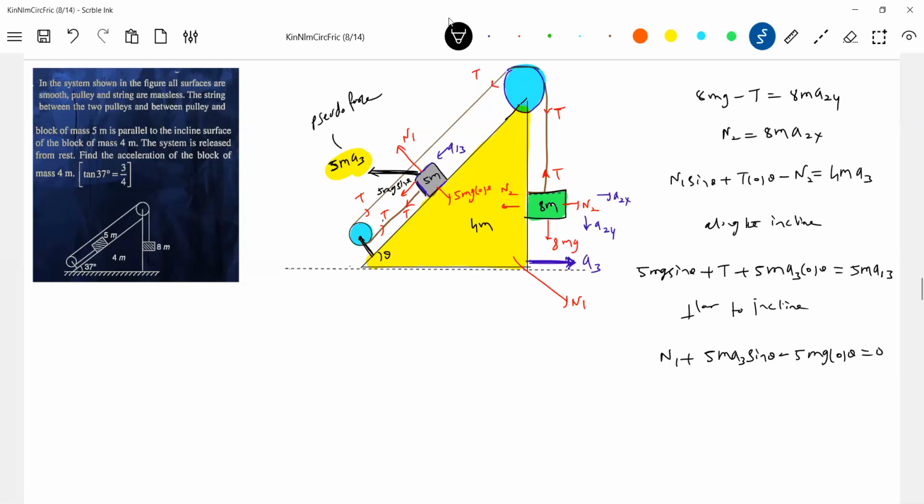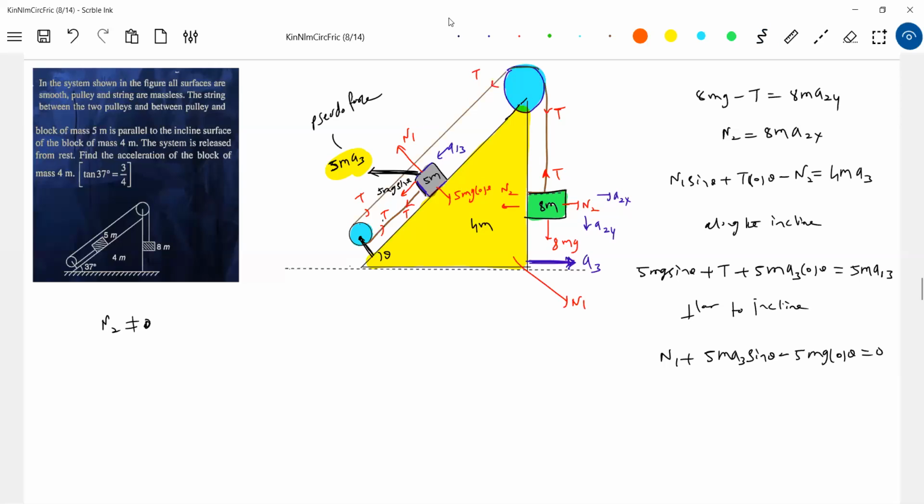Can we write any more? So many unknowns are there, no? Check it. Tension, we have normal contacts N2, T, N1, N2, T, A3, A2x, A2y, and A13. A2x and A3 are related, because N2 is non-zero.